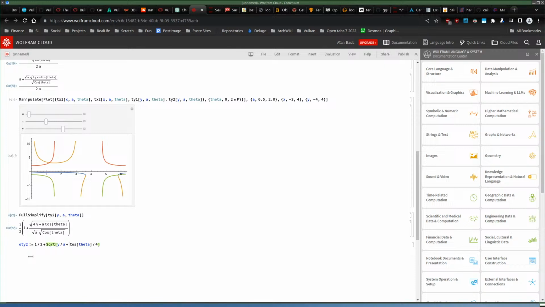And then this side becomes 1. Oops. And this side becomes the sec theta.